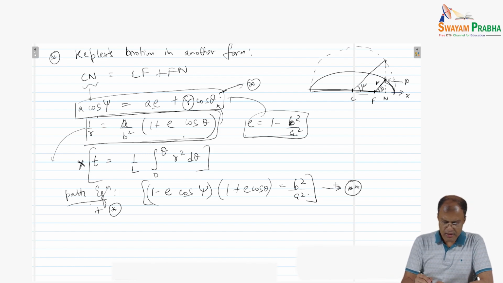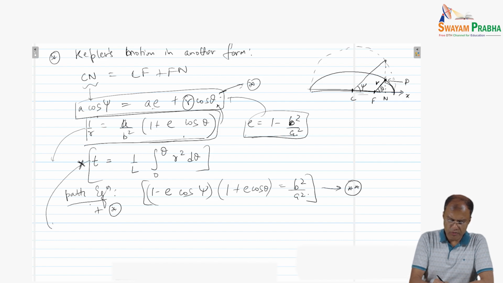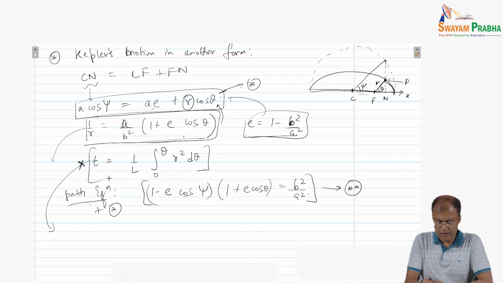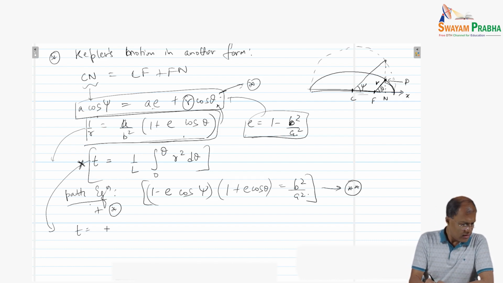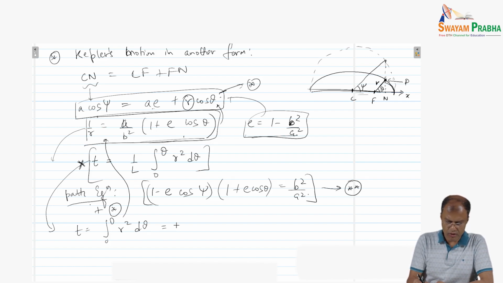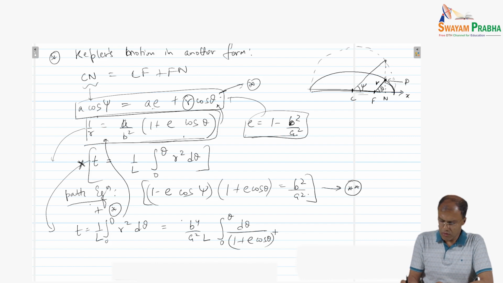Okay, so now let us come back to the equation that we were looking at, the equation relating the time and the area of the sector, and we see that t is integral 0 to theta r square d theta, and of course r we can use from the equation of an ellipse, and from here we will see that this is also equal to b to the fourth by a square L integral 0 to theta d theta over (1 plus e cos theta) whole square, right?